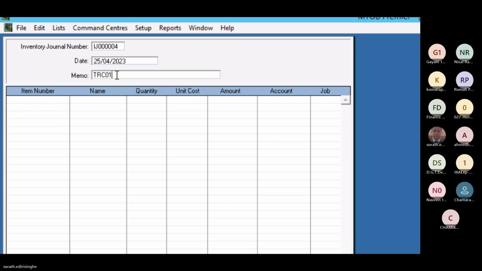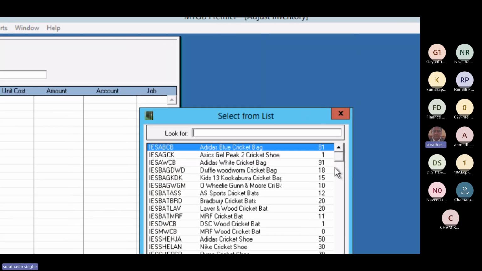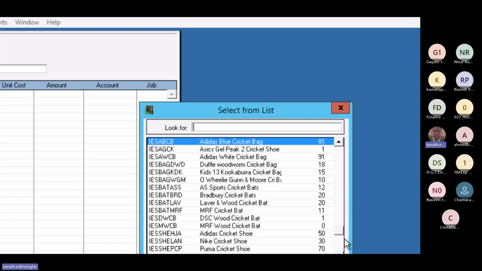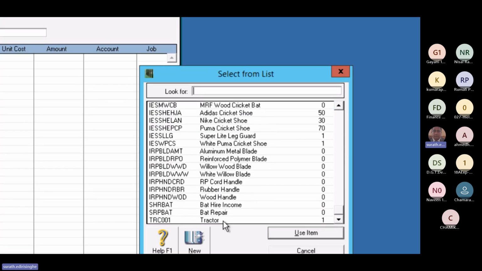Then look at the way. Now I click my item number. Click on tab button. Tab. Then open your inventory warehouse. Select the one tractor.